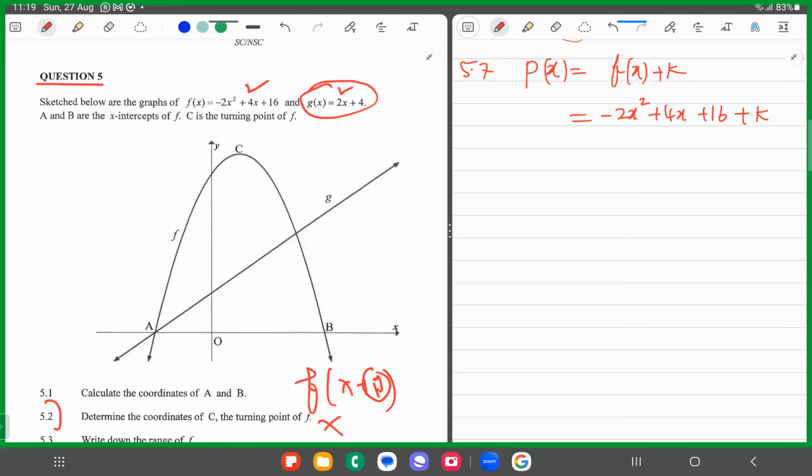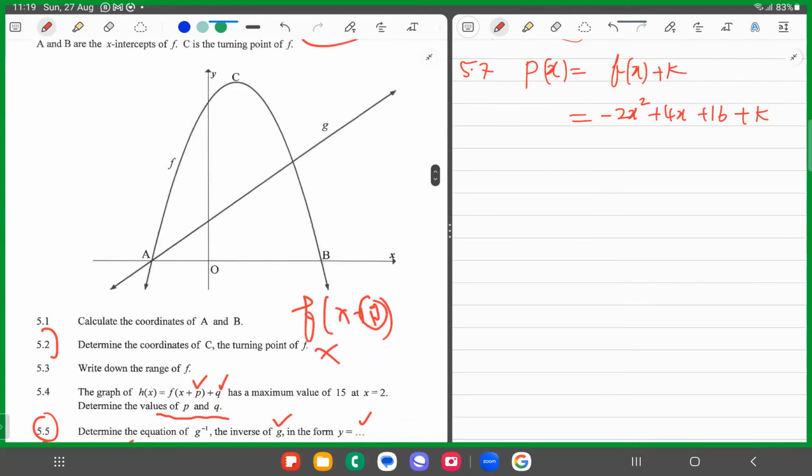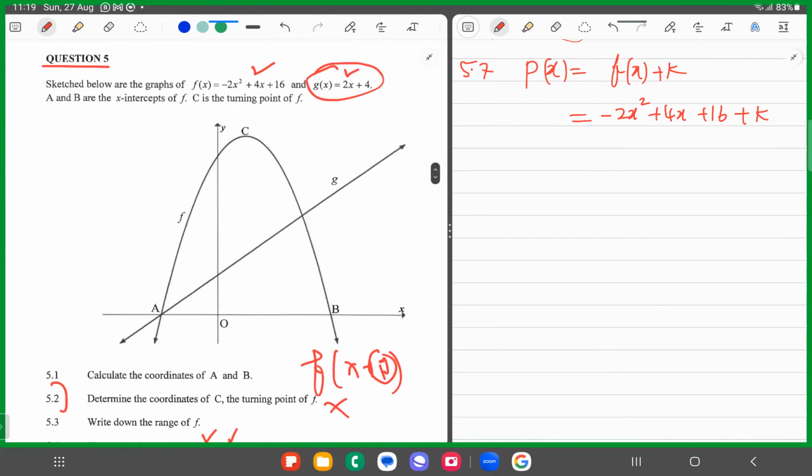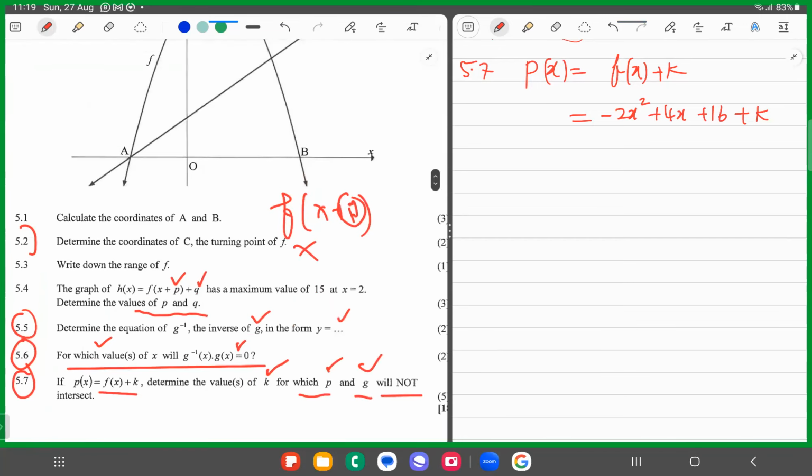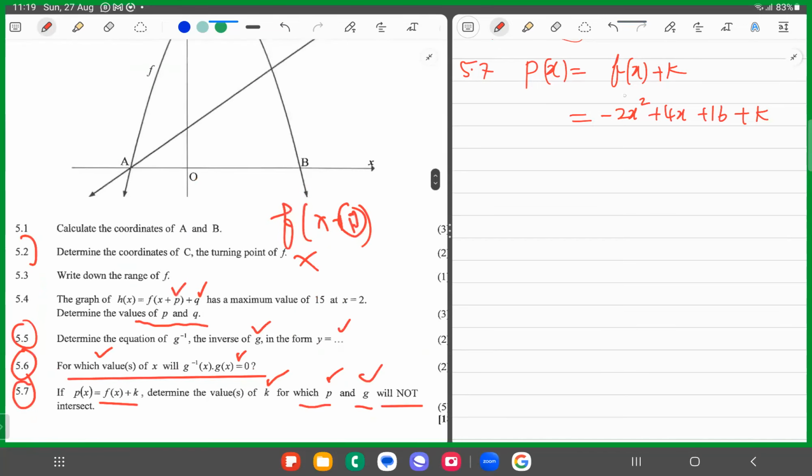What is our p of x? So p of x is f of x plus k.